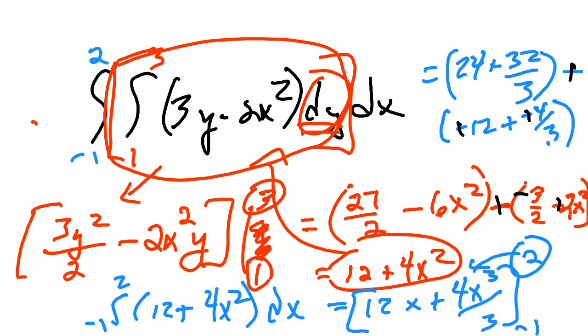Plug in 2, I get positive 24. Yeah, and I plug in -1, I get -12. Anyway, so it looks like 36 plus 36 thirds is 12, and that's not right because that's 48.